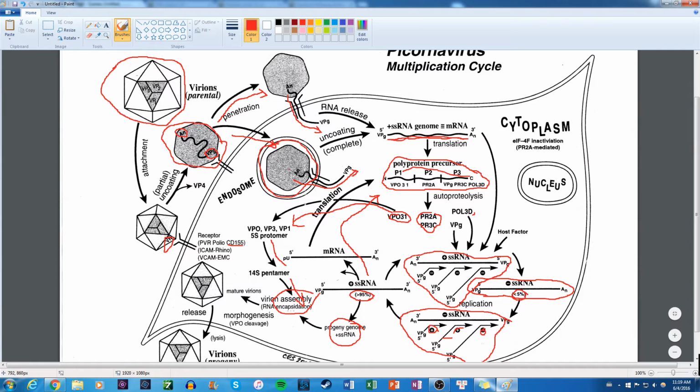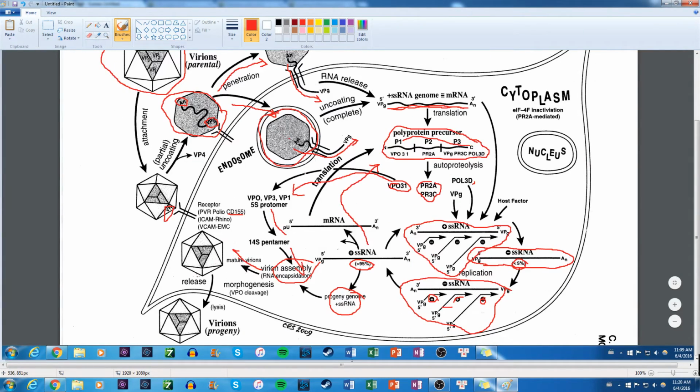I said this a lot in the previous videos: what do you do when you have all the structural proteins and a bunch of genome molecules? Well, you just assemble. Now it's time to get out. You can see here, mature virion, and you have viral release. With the viral release, polio kills the cell. Okay, so this is the Picornaviridae multiplication handout. I'm going to move on to the Rhabdoviridae handout now.